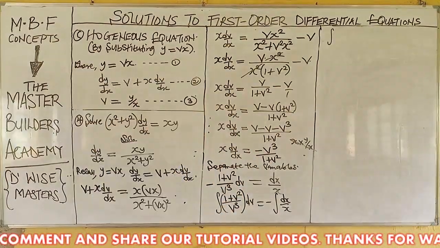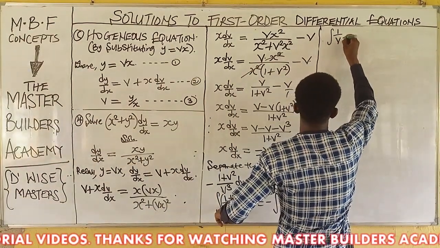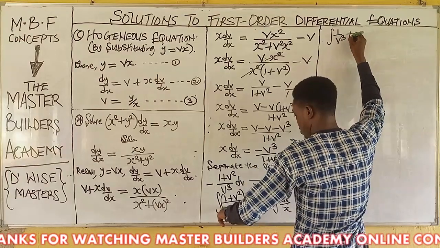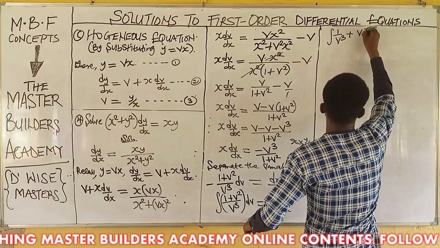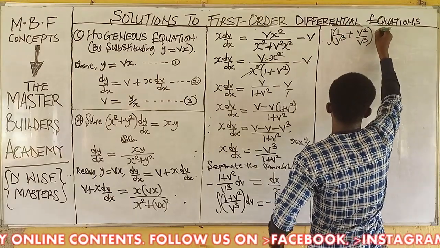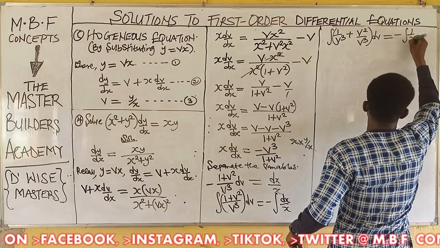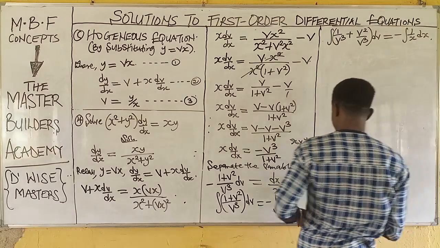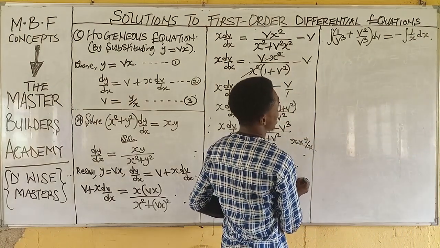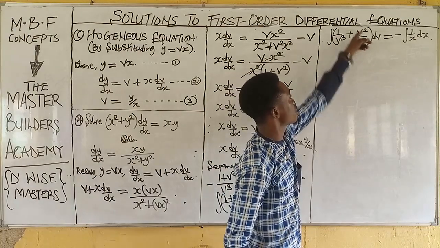So now we have 1 over v cubed plus v squared over v cubed, all multiplied by dv, is equal to minus integral of 1 over x dx. So guys, at this point, the next thing we quickly do here is to reduce this function.